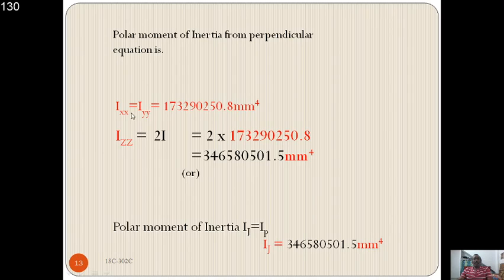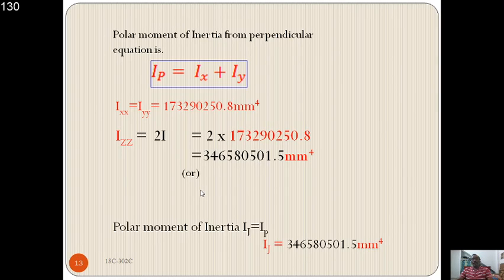So that is Izz is equal to Ixx plus Iyy, which is nothing but 2 times the moment of inertia. Hence, substitute the values to get the same. So, the perpendicular axis theorem has been used to find the polar moment of inertia.